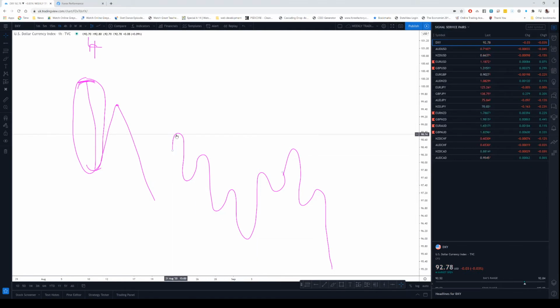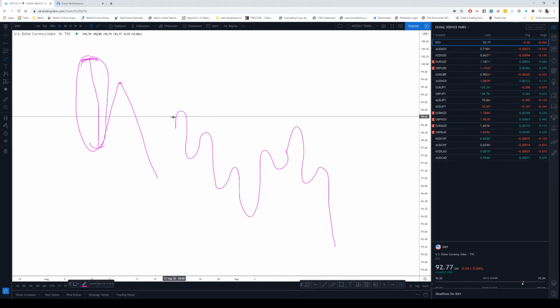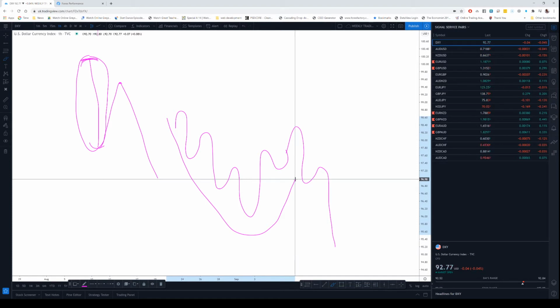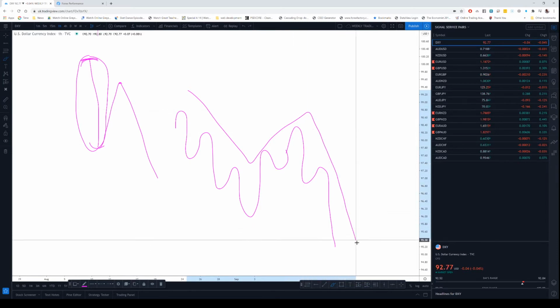Right, the 1-hour structure might look like this. So inside the 4-hour, we went down. This is the 4-hour. We went up. Actually, let me overlay it here. So we went down, we went up, and then we went down. But on the 1-hour, it was something like this.